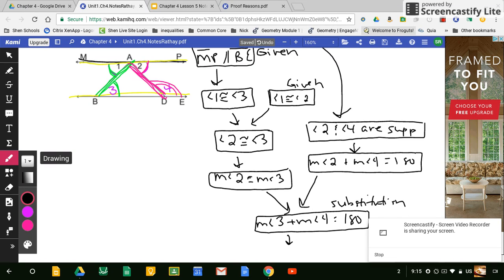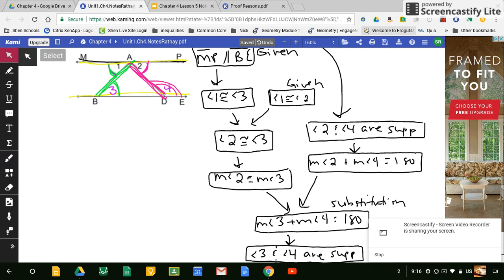And since they add up to 180, angle 3 and angle 4 are supplementary. And that's what they asked me to prove, so I'm done with this one. Tricky substitutions, but we got it done.